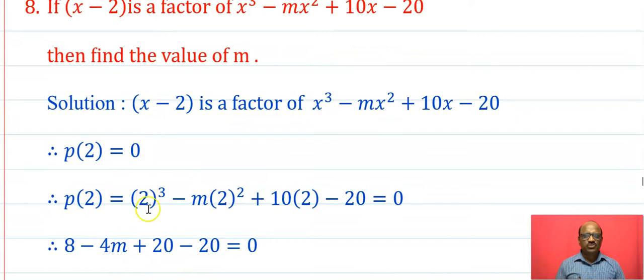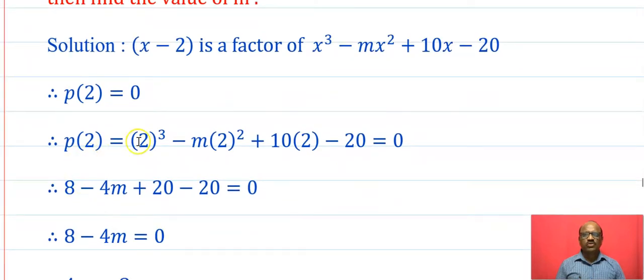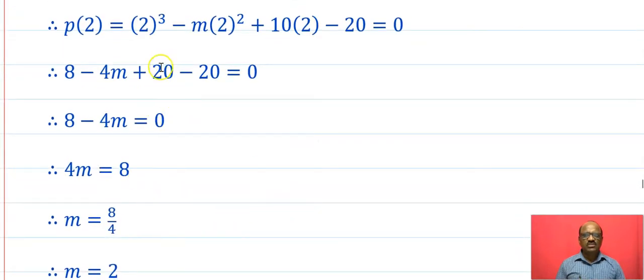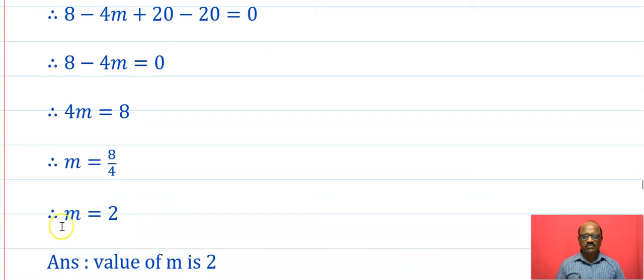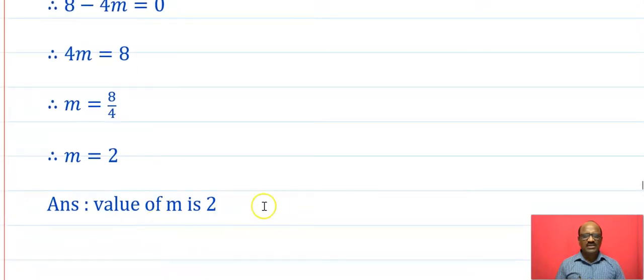That is, p of 2 is equals to 2 cube minus m into 2 square plus 10 into 2 minus 20, that's equals to 0. 2 cube means what? 8. m into 2 square means 4, minus 4m. 10 into 2, 20 minus 20, that's equals to 0. Plus 20 minus 20 is 0. 8 minus 4m is equals to 0. 4m is 8. m is equals to 8 upon 4. m is equals to 2. The value of m is equals to 2.